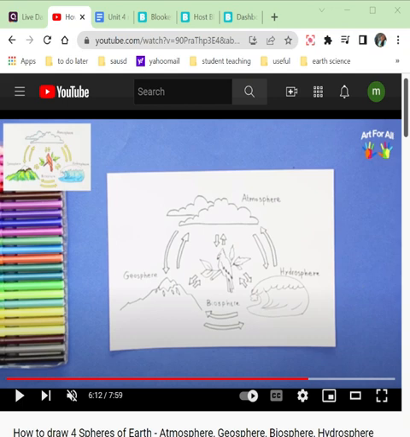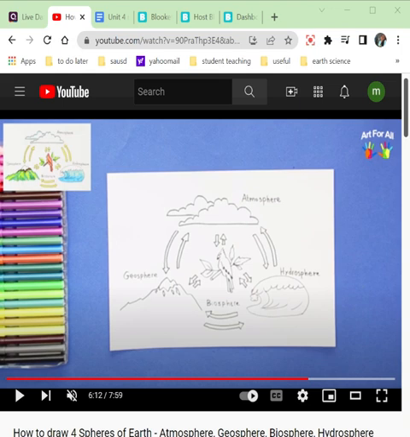Now we're going to move on to the geosphere. So if we think of it in the sense of elements, that's like the earth element. Geosphere is everything related to the land on the earth. So that includes rocks. Remember, we learned a lot about the different types of rocks. What else is part of the earth? Mountains, like what we have right now. Volcanoes, soil, or different minerals that we learned about, right?